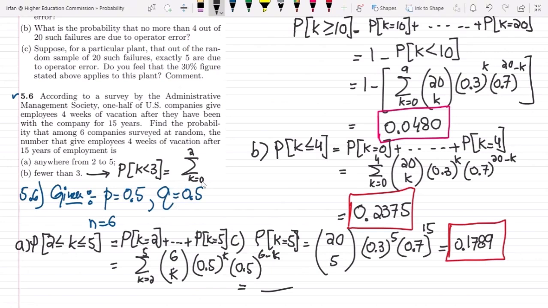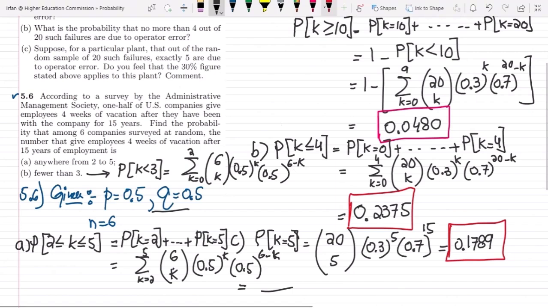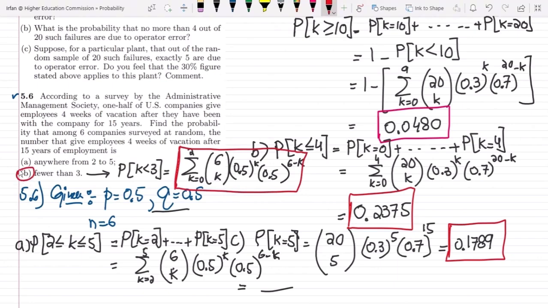So all these values will be 6 choose k, and the probability is 0.5 to the power k, and again 0.5, which is q, to the power 6 minus k as well. You have to find these values here as well, and this will give you the probability for question 5.6 part B. This is the solution of part A.